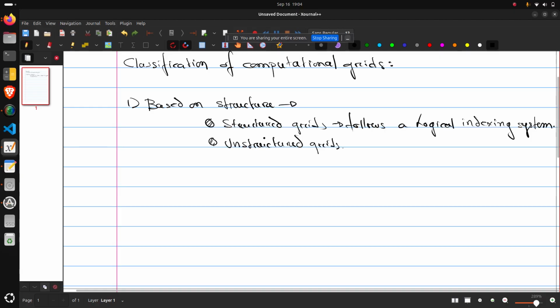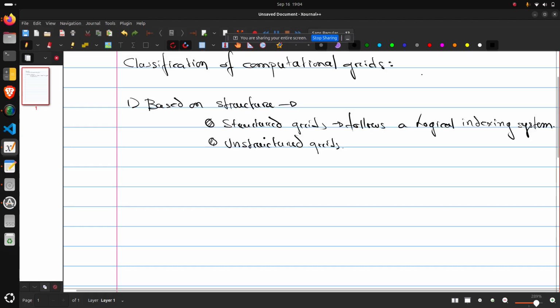We can just store all of the grid points altogether in a logical manner. But the limitation is that we will not be able to construct very complicated geometries, right?